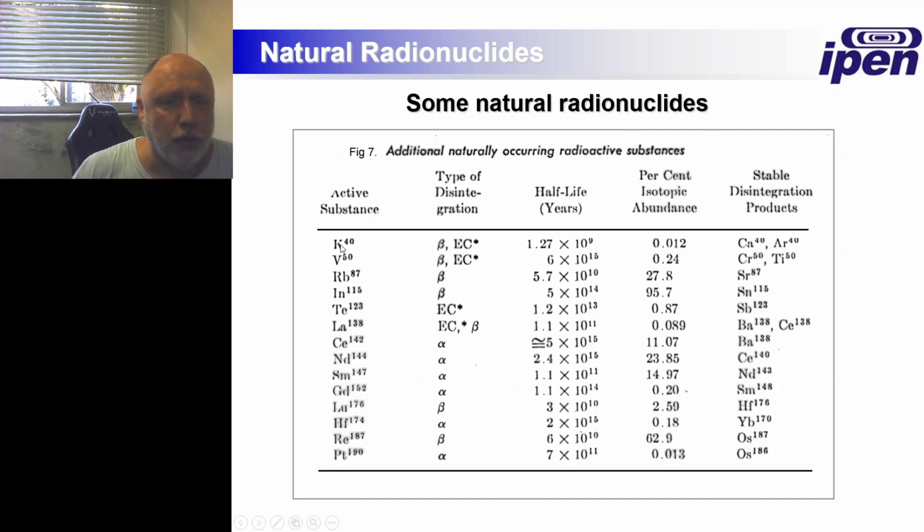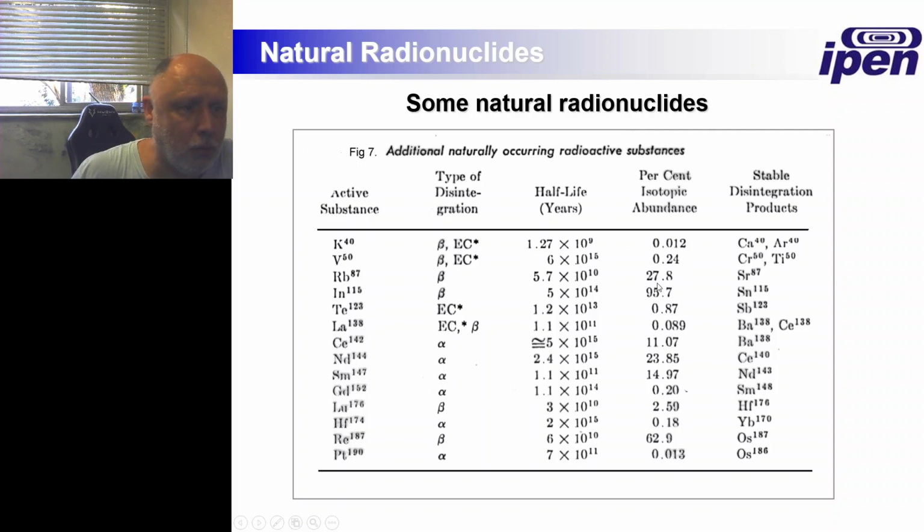So potassium-40 is very common because there's potassium everywhere. There's potassium in you, so you are radioactive. Slightly radioactive, yeah, but you are radioactive, and everything you touch. And as we have a friend that says, bananas are radioactive because they are rich in potassium, right? Then you have several other elements, most of them in the rare earth region, and they all are radioactive to a degree.